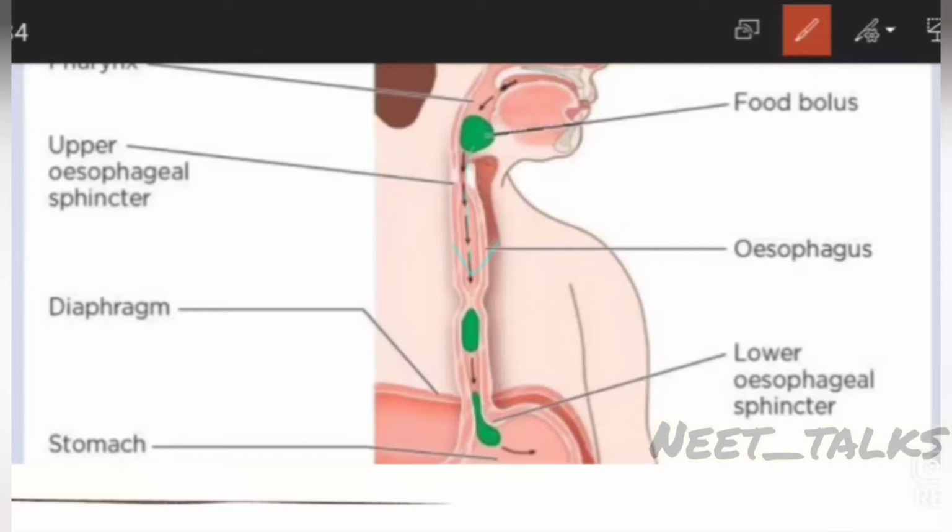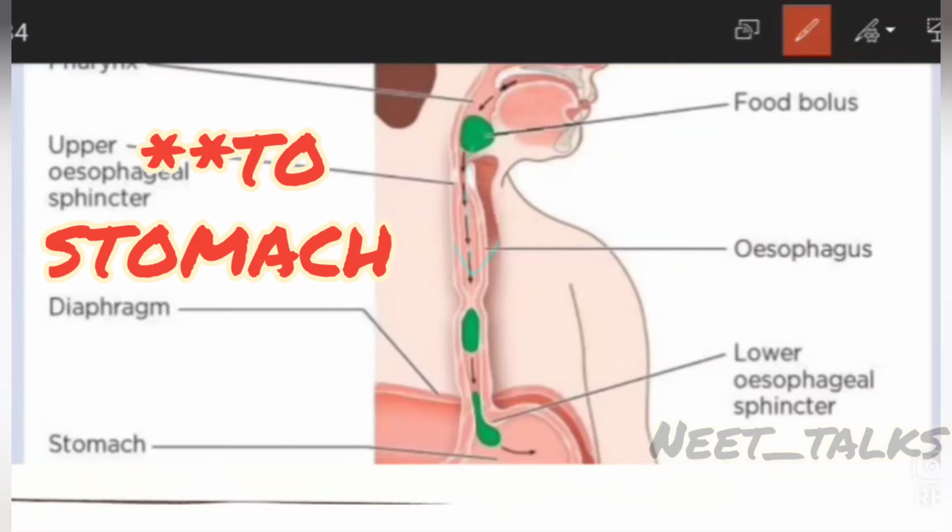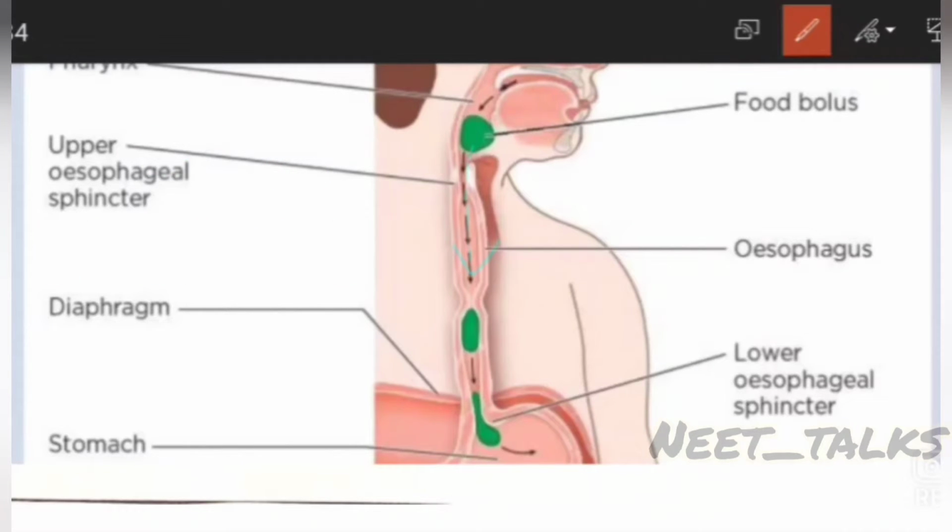Esophagus is a muscular cylindrical structure that carries the food from the pharynx to the duodenum. It has two constrictions. This is the upper esophageal sphincter and this is the lower one. This lower one is also known as the cardiac sphincter that directs the entry of the food to the stomach.